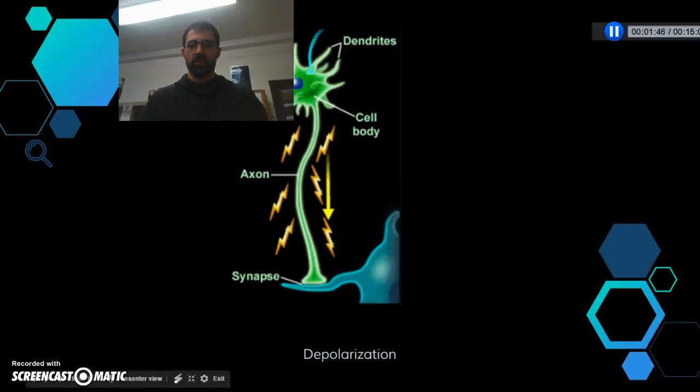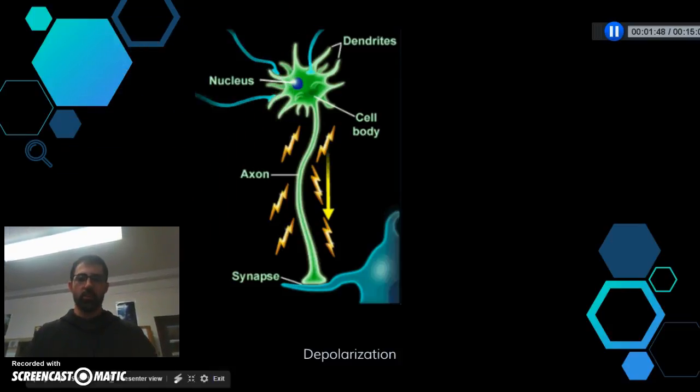So we can look at it this way as well. It's called depolarization, in other words, where the dendrites receive a signal from other neurons, which starts a chemical cascade that causes this electric current to pass along an axon over to the synapse. So we can think of this as the depolarization.